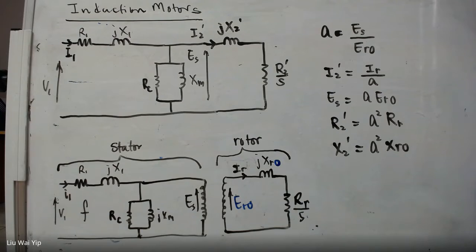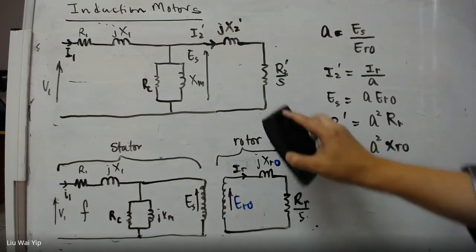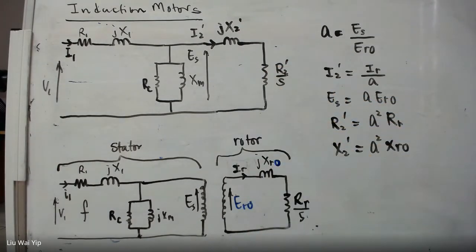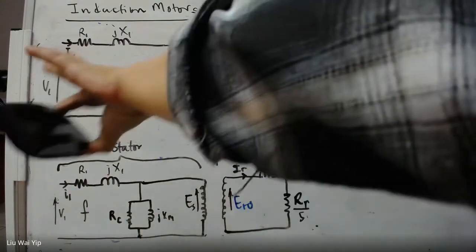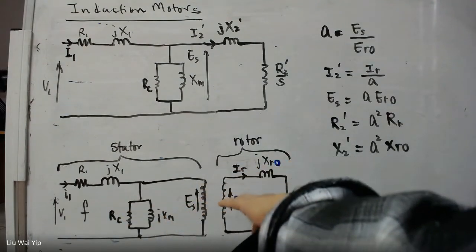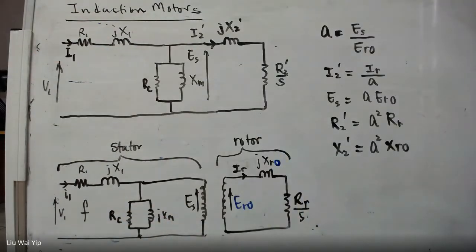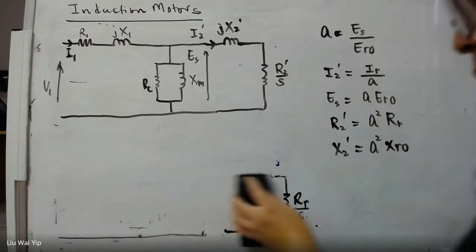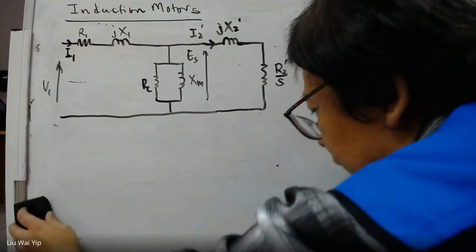So this is the model of the induction motor, and from now onwards, we don't really need the diagram here, because all the parameters in the rotor have been lumped and referred to the primary, and we can erase this diagram.